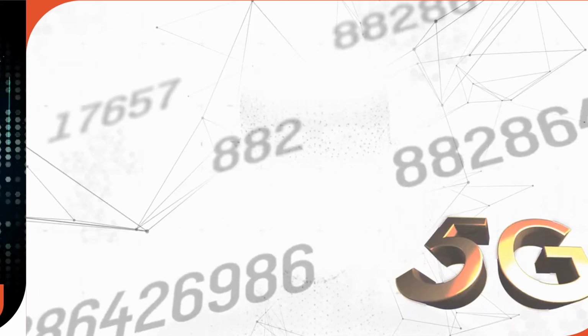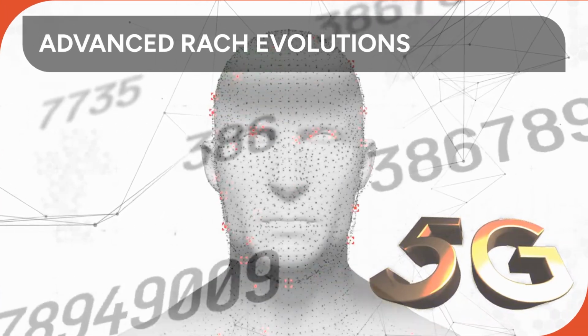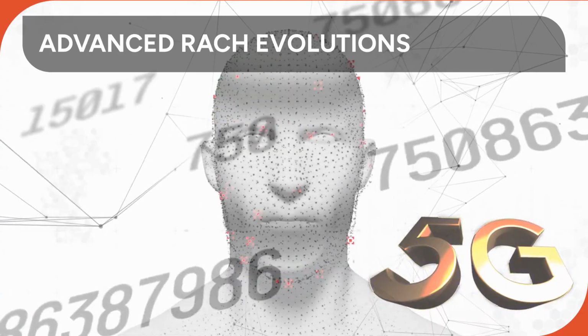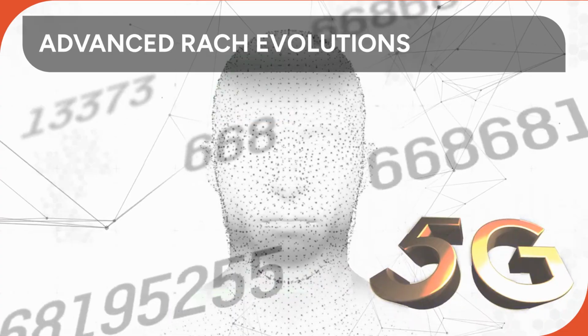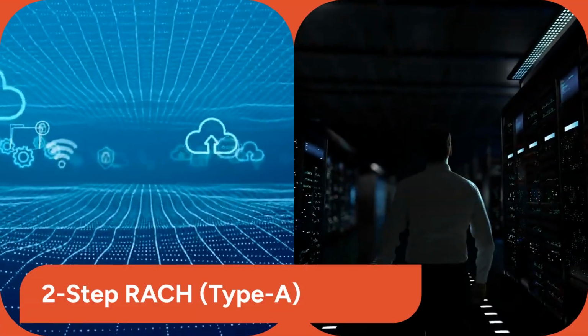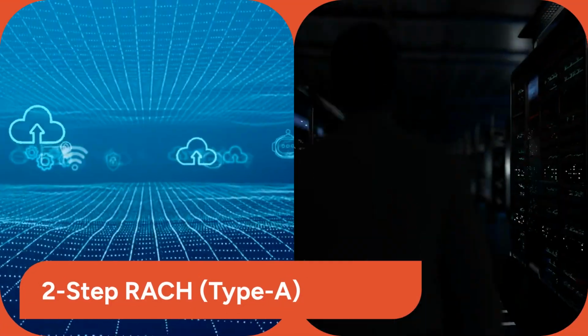5G NR is constantly evolving, and recent 3GPP releases have radically improved the RACH procedure to support ultra-reliable low-latency communication, URLLC, and massive IoT use cases. Let's explore these advancements. Two-step RACH, defined as Type A, drastically reduces access latency.